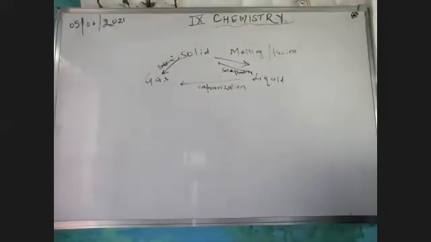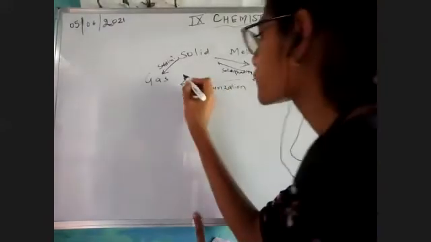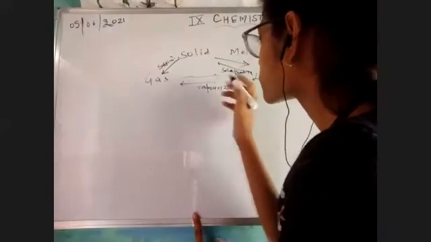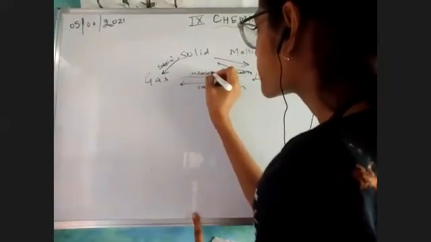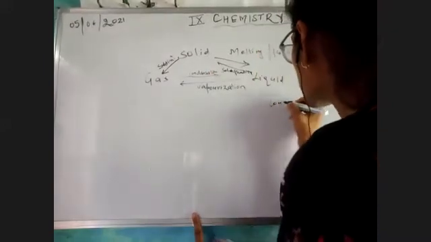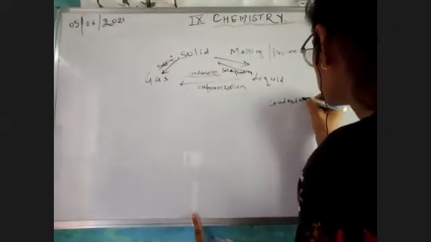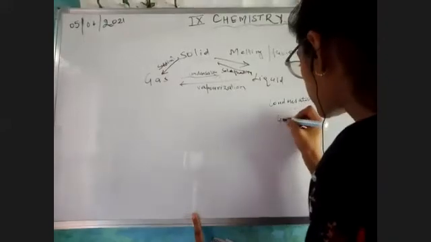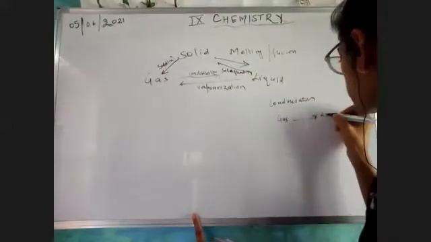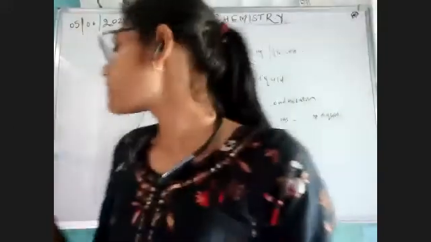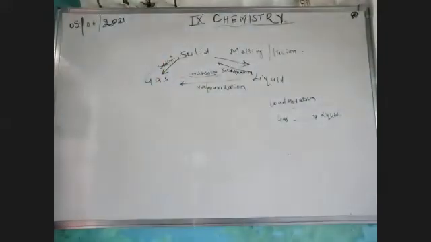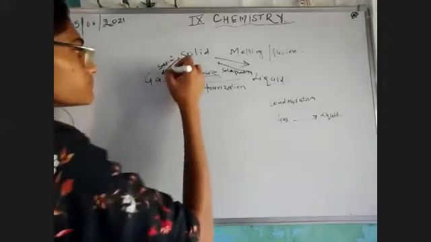Same as it is, liquid is converting to gas is vaporization, but if we are cooling the gas to make it liquid, this is known to be condensation. Condensation means cooling. Gas is converting to liquid, we are just cooling our gas. Okay. Now, same as we have studied about the solid converting to gas, when my gas is converting to solid, this is known to be deposition.